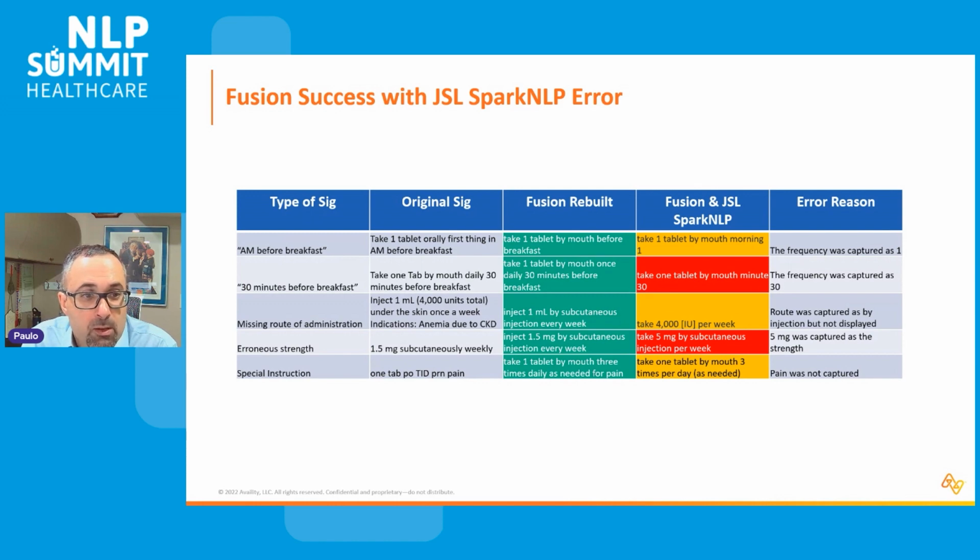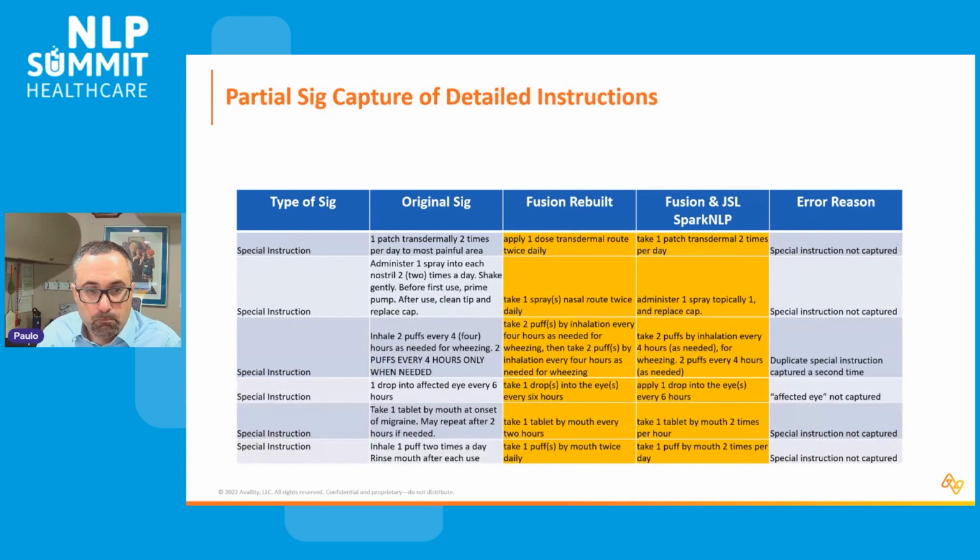And you can see one from a patient safety standpoint at the bottom is take 1 tablet by mouth minute 30, where it's actually take 1 tablet by mouth daily 30 minutes before breakfast. You can see that things like injection every week were sometimes left off, but by and large, fairly similar across the board. These were the situations where there wasn't necessarily enhancement by the addition of NLP.